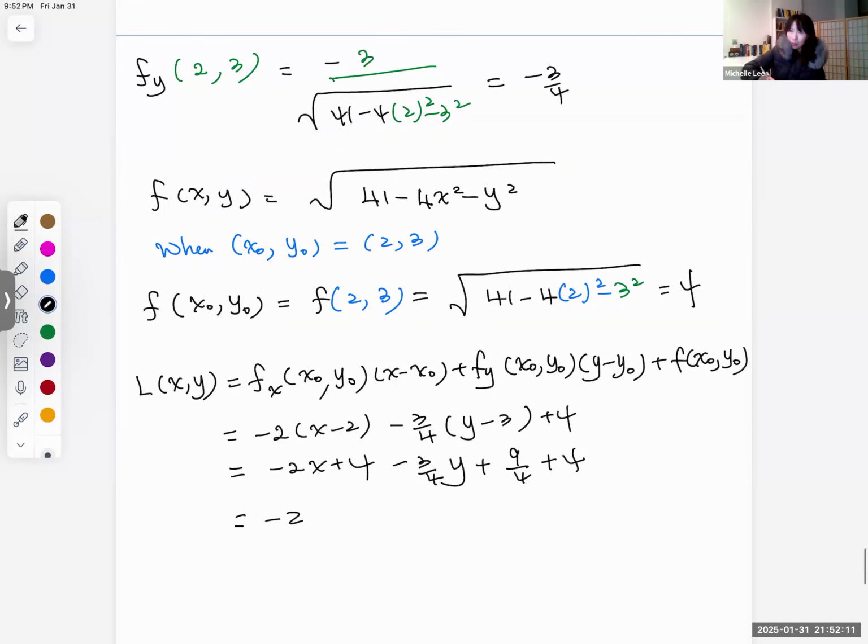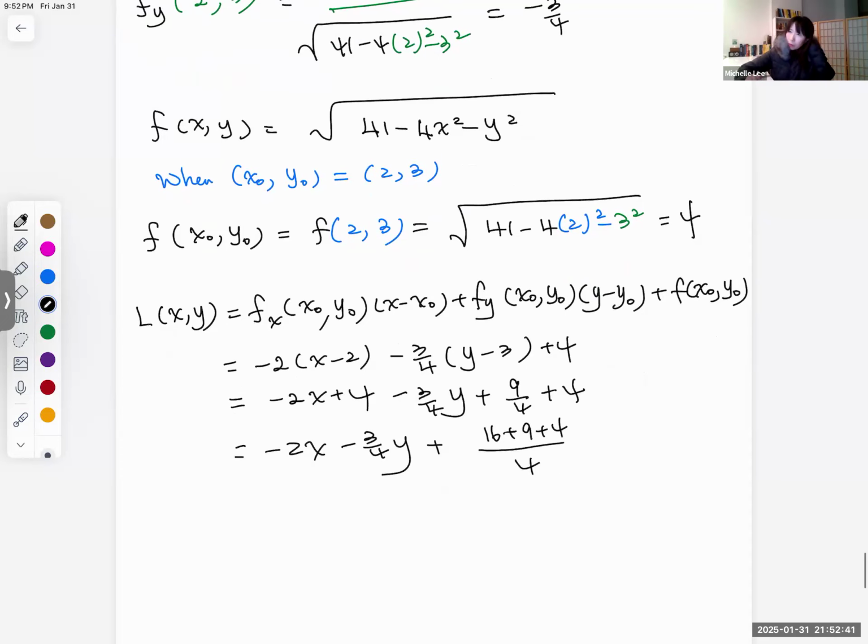So there will be negative 2x minus 3/4 y plus, with a common denominator of 4, 16 plus 9 plus 4.